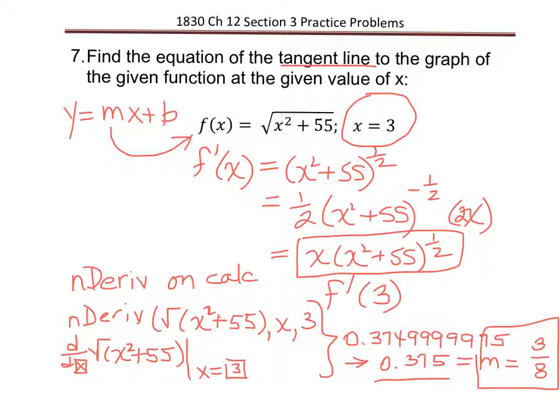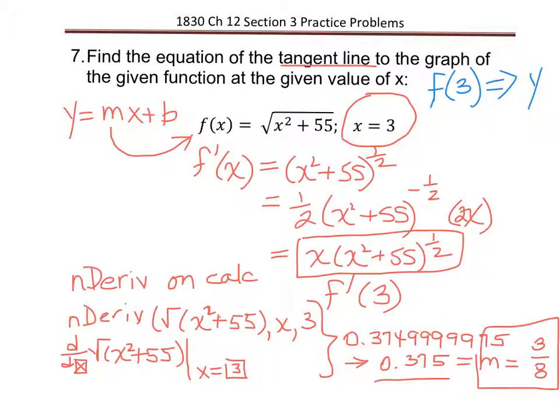So we now have the slope of that function. The other thing we need is the value of f of 3. Because we have an x value, we also need a y value.